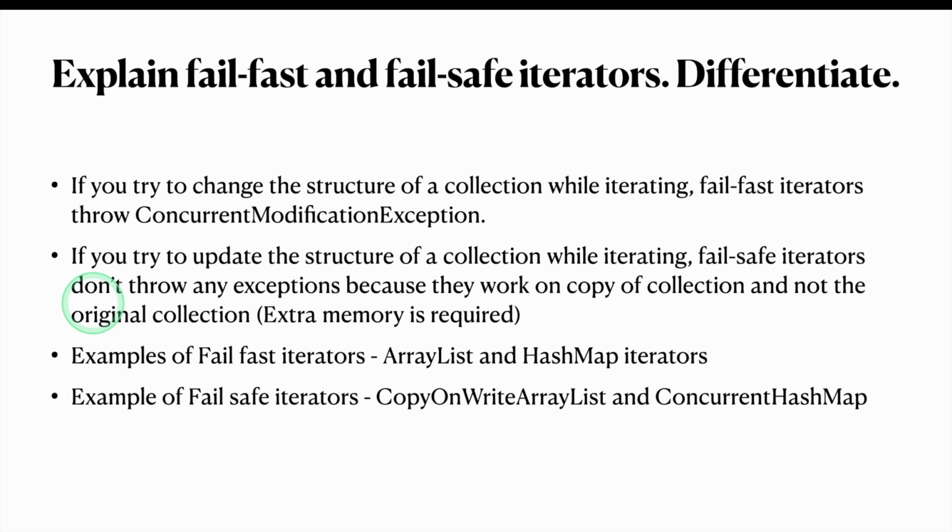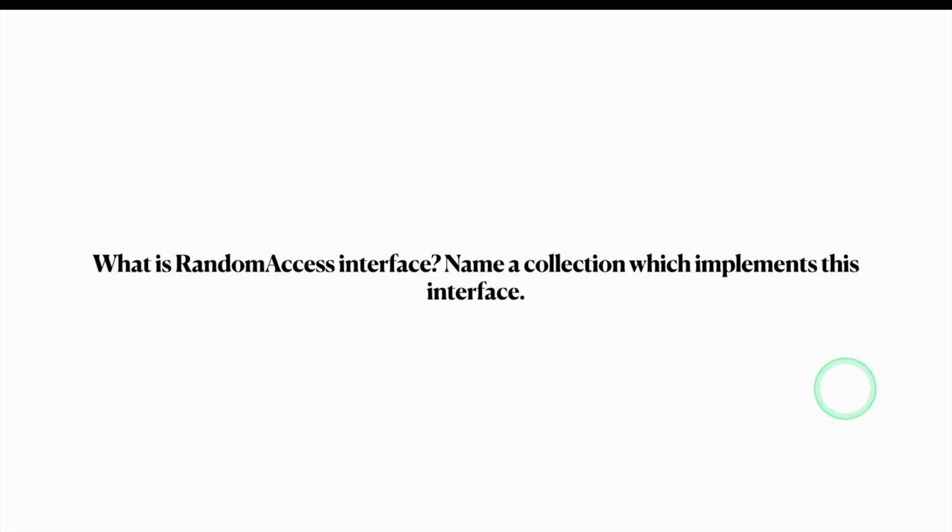So here you can say that fail fast iterators do not copy. So extra space is needed in case of fail-safe iterators. Examples of fail-fast iterators are ArrayList and HashMap. Examples of fail-safe iterators are CopyOnWriteArrayList iterator and ConcurrentHashMap.